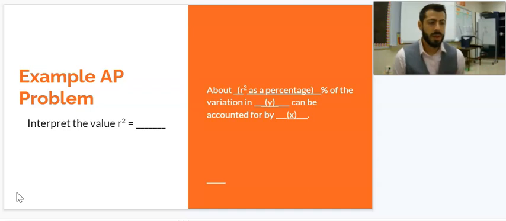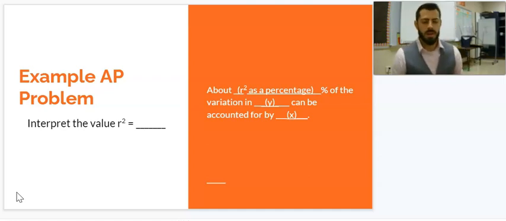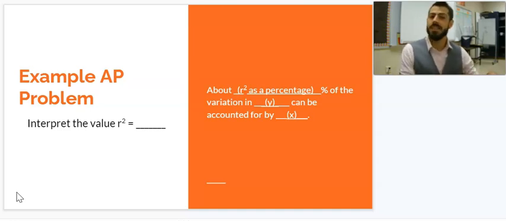The way you would answer this is, about, and then you would put your R squared written as a percentage. It'll usually be given to you as a decimal, so you have to move the decimal over or multiply by 100. So about R squared percent of the variation in Y can be accounted for by X. Basically, it says how much of the variation in Y is because of X. What percent of the reason Y is changing is because X is changing.